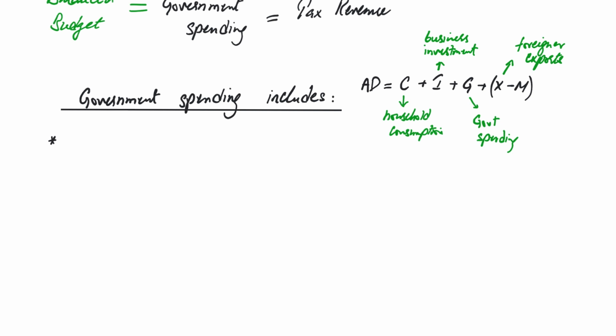So over here, numerically, C has the highest number, and the second highest number is G, government spending. In some countries like North Korea, G would be even bigger than C, because the government has more control there, so government spending is more than consumers.